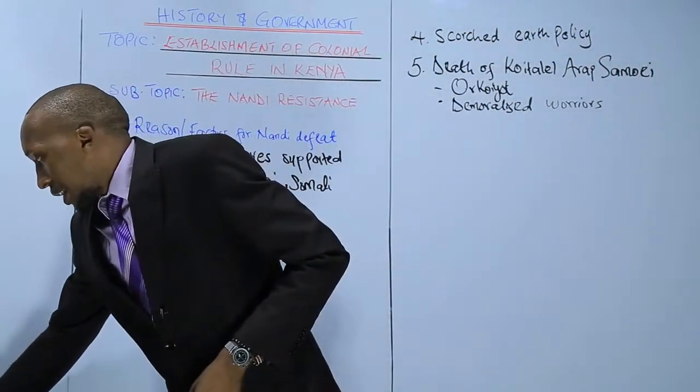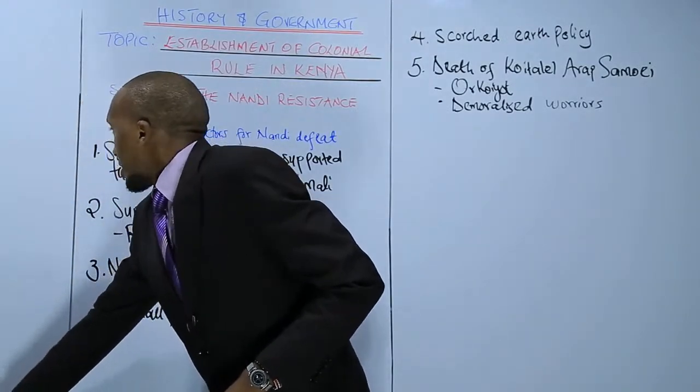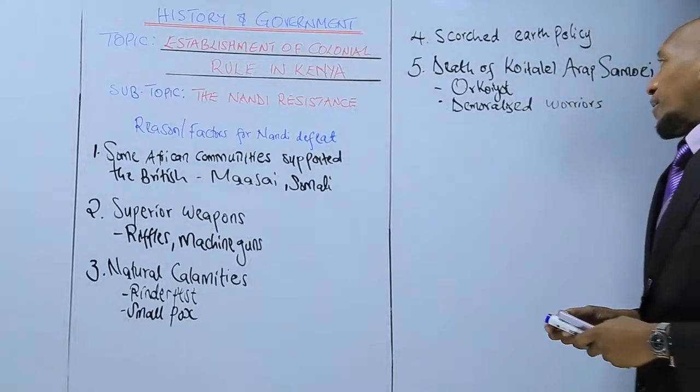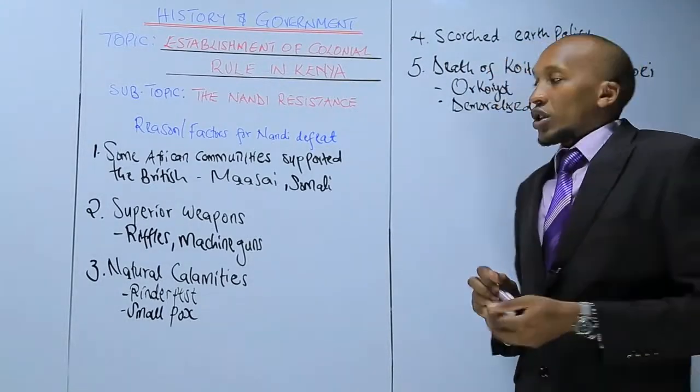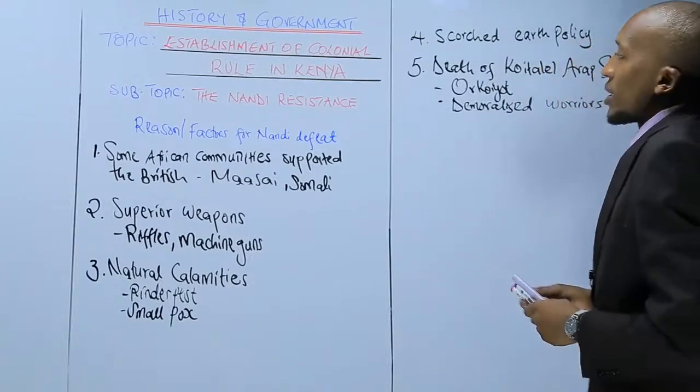So now that they have put up a fight, they have fought against the British, and they have finally been defeated. What were the consequences? What were the results of their resistance?